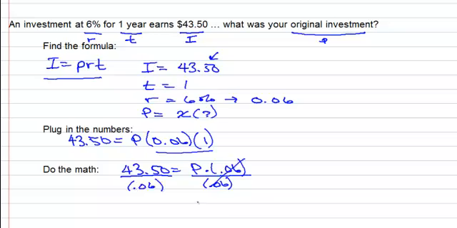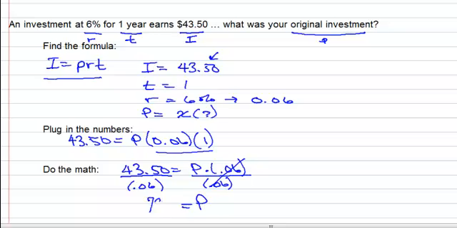So that gets me my principal, my P, as a loan. Then you're just going to go off to the side or pick up your calculator and take the 43.50 and divide it by 0.06, and you get 725, and of course that's in dollars.